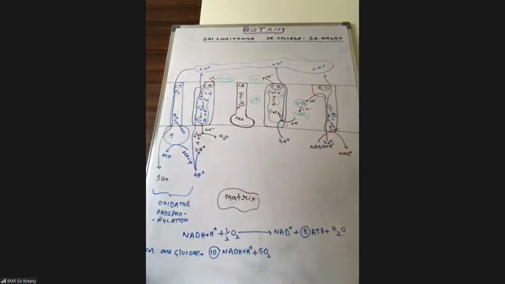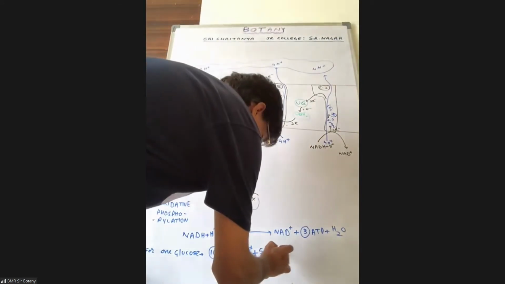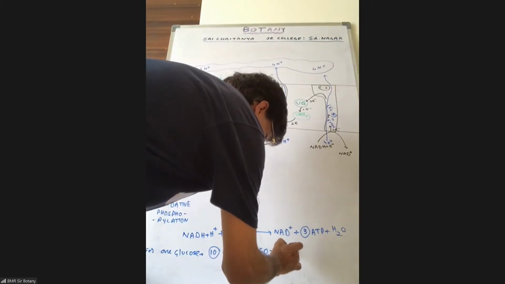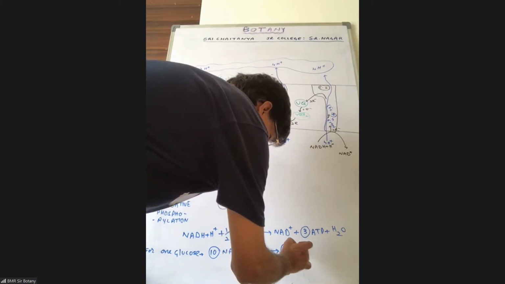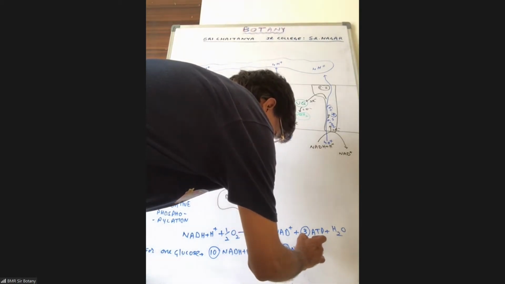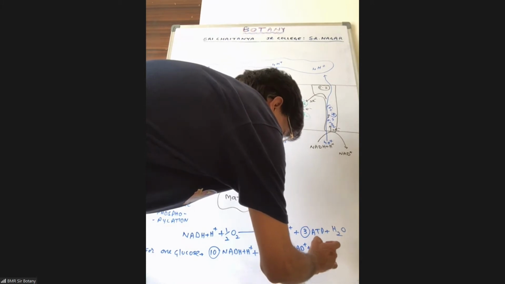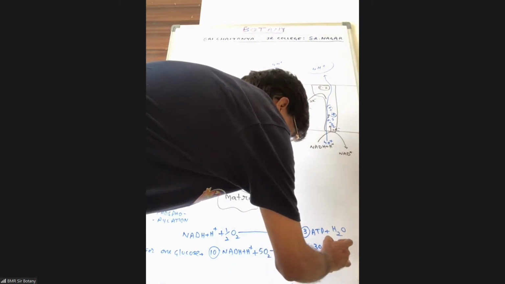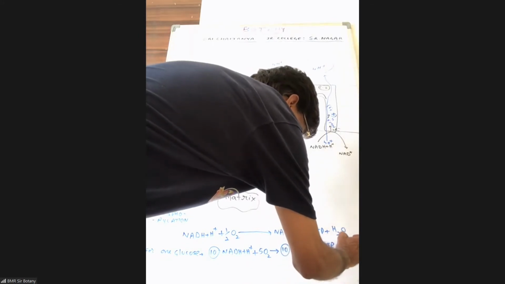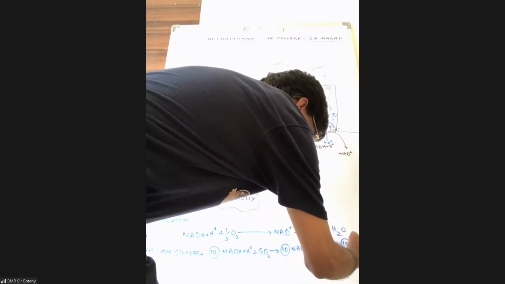Instead of 10 half O2, I am writing 5 O2 will be oxidized into same 10 NAD plus, then 30 ATP. 30 molecules of ATP, then 10 molecules of water, H2O.